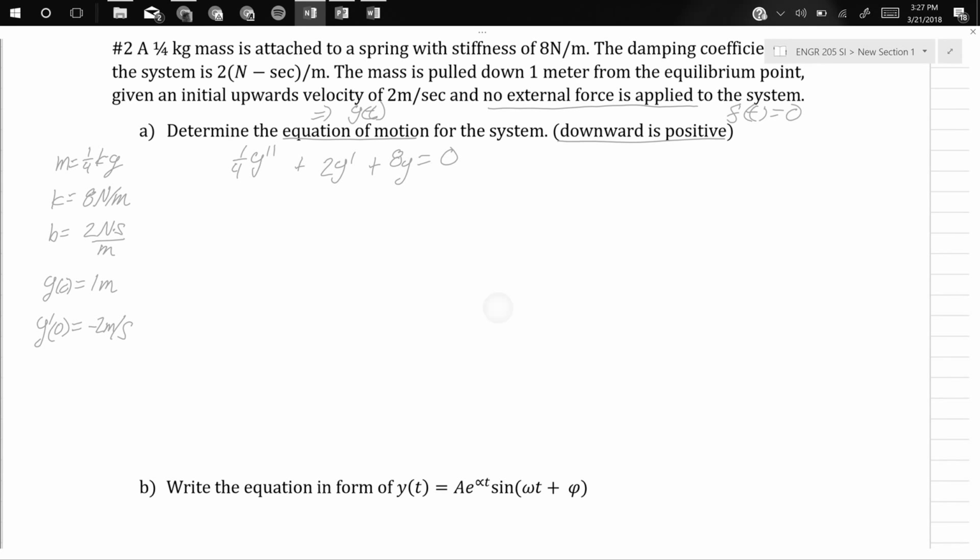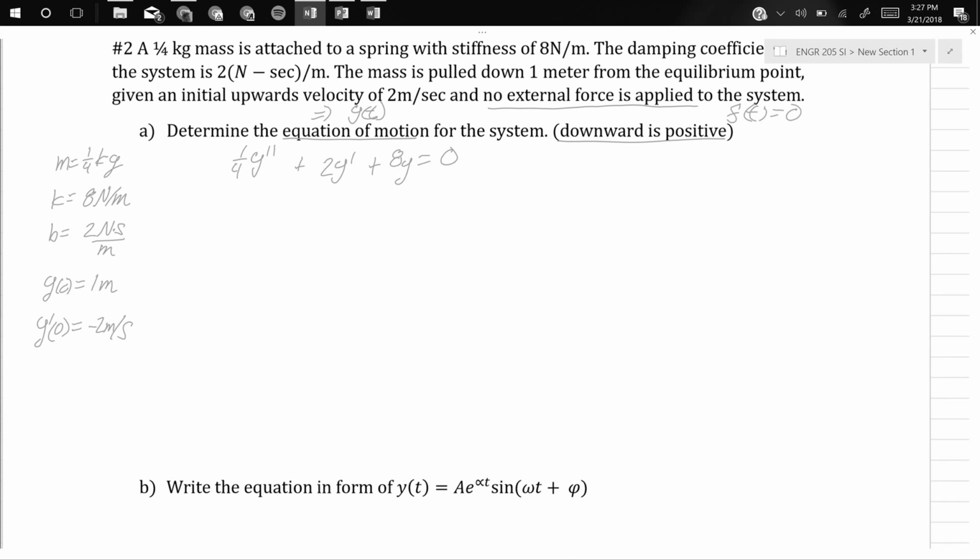I like finding y sub h, y sub p whenever the right side is equal to 0, instead of solving with Laplace. I think Laplace has more algebra to it, meaning there's more chances for mistakes. But if you like Laplace better, I would still go for it. But I want to solve for y sub h.